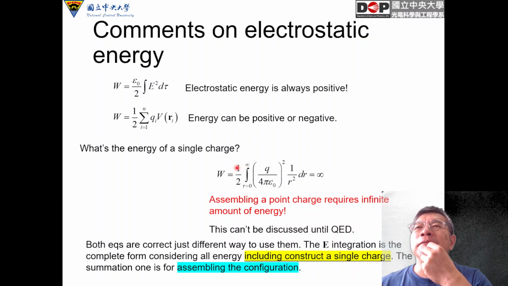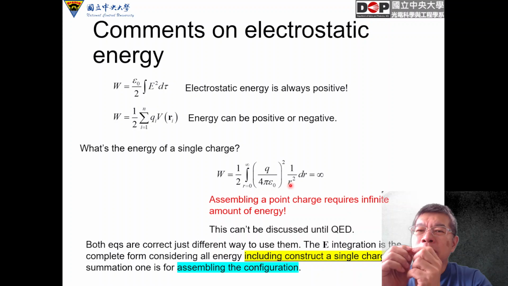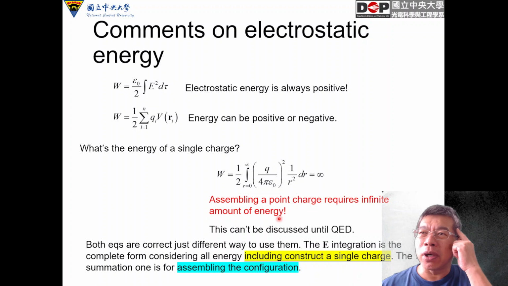We can write down the electric field of the charge like this, and if we really take the volume integral, we go over the charge itself. The distance in the very nearby location of a charge is infinitely close and the energy will be infinitely large. So assembling a point charge requires an infinite amount of energy. That becomes a real problem.